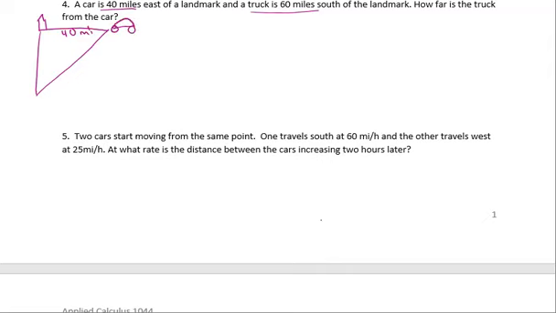And then it says a truck is 60 miles south. So let's draw a truck. So we get an idea of the picture. So we have our truck 60 miles, we have our car 40 miles, and we have our landmark. This one, nothing's changing. So this is just a Pythagorean theorem question.